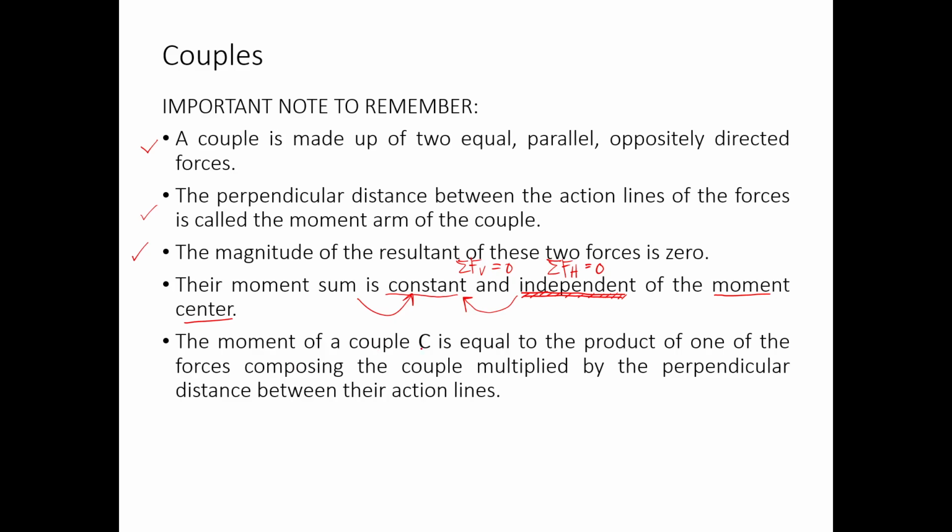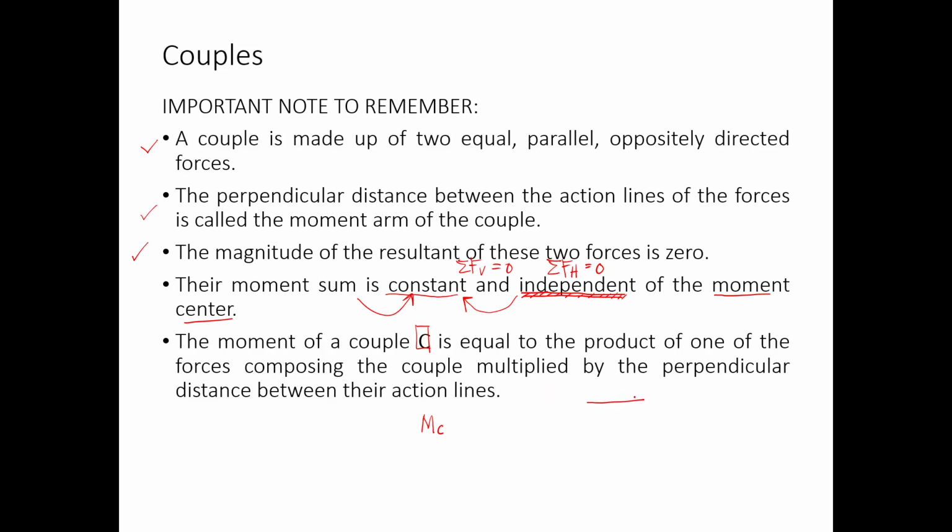The moment of a couple is called C. If you want to represent it mathematically, that's M sub C, the moment of the couple. It is equal to the product of one of the forces composing the couple multiplied by the perpendicular distance between their action lines.